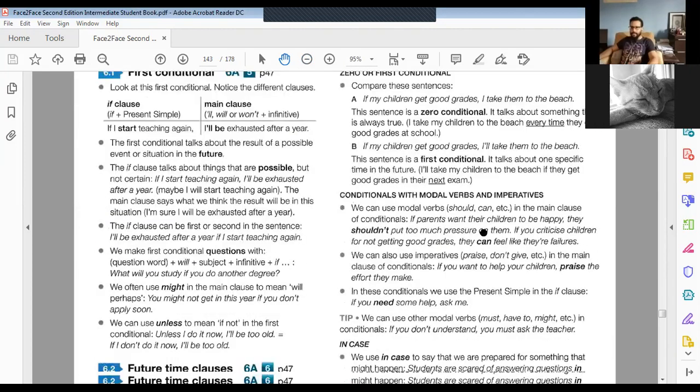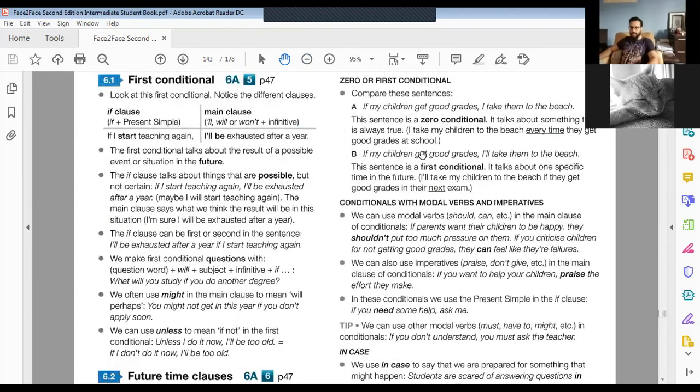Okay, take a look at these tips at the top here. Take a look. Okay, compare this sentence. If my children get good grades, I take them to the beach. Okay.